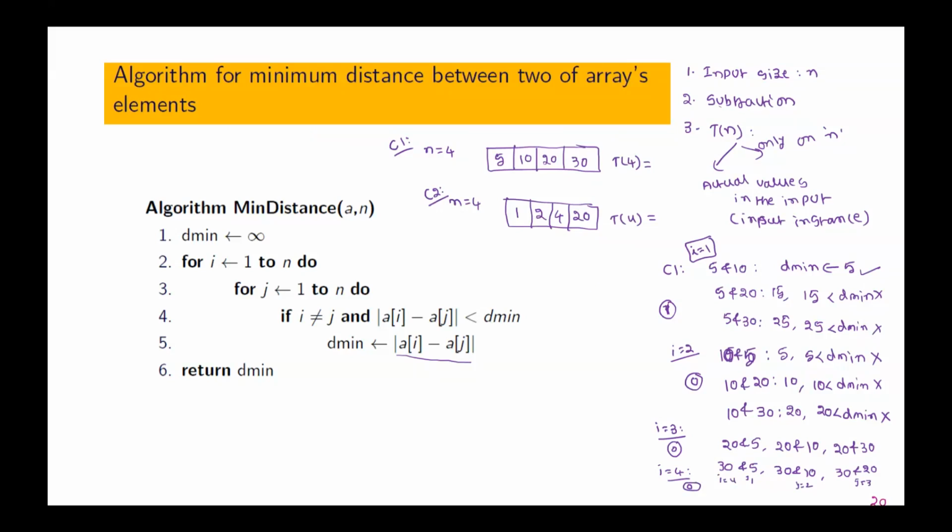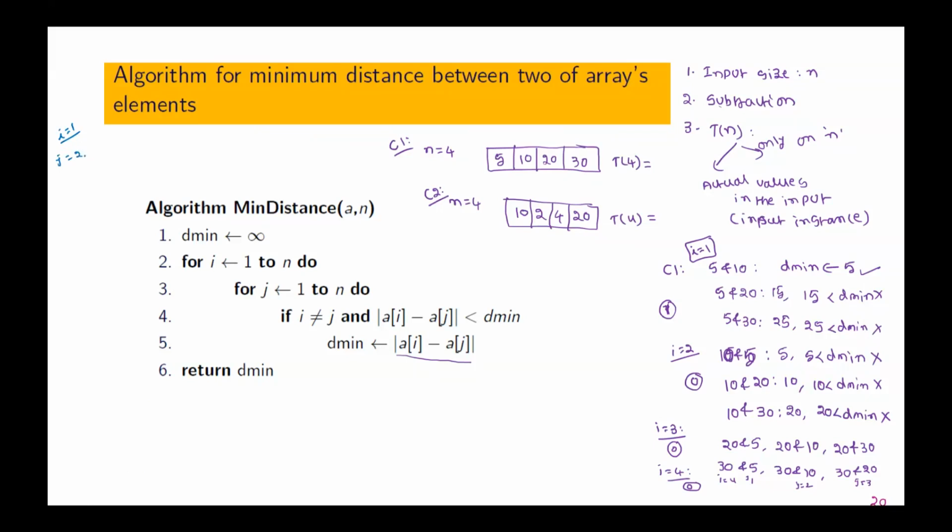Okay, second instance, let us take it as something like this: 10, 2, 20. Here, first when I equals 1, I am writing the values for the second instance. What are the J values? J equals 1, it is not true.